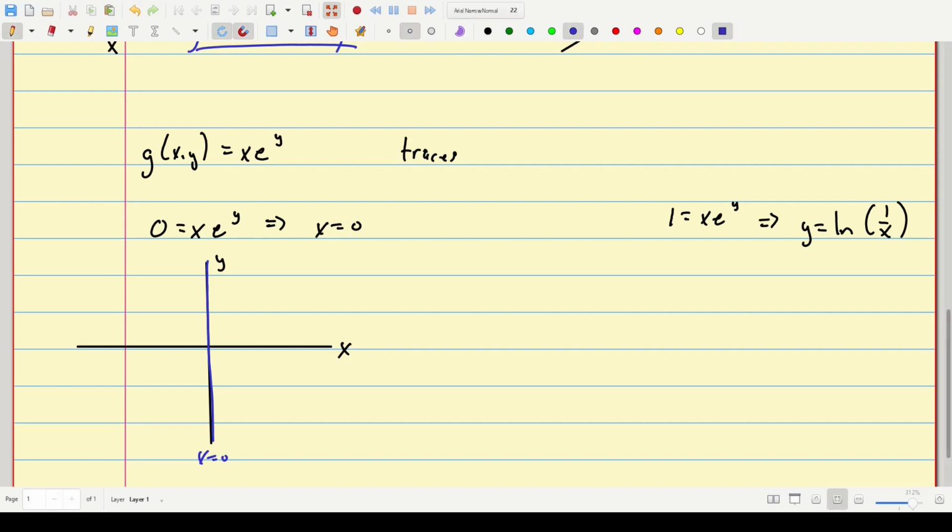In general, these are also referred to as level sets of the surface. The images for these traces that we generate.